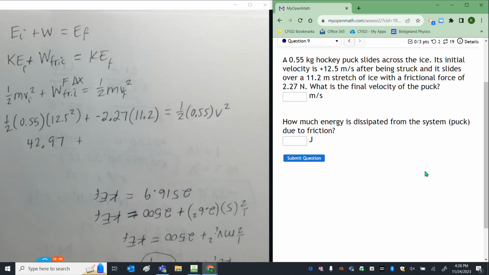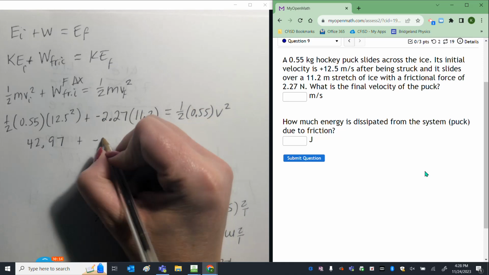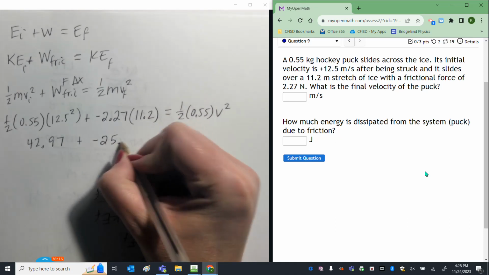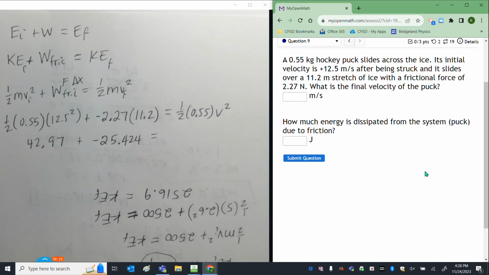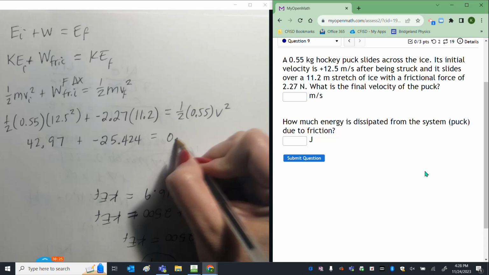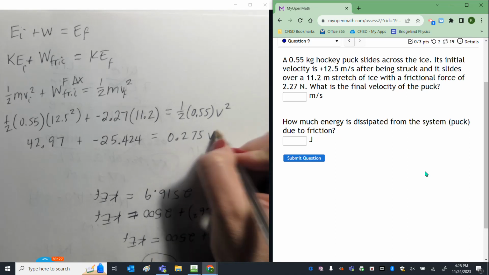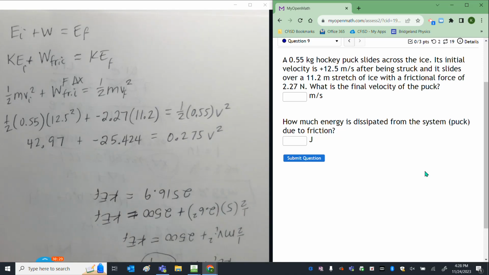Oops, I typed that wrong. 2.27 times 11.2 is negative 25.424 equals 0.275 v squared.